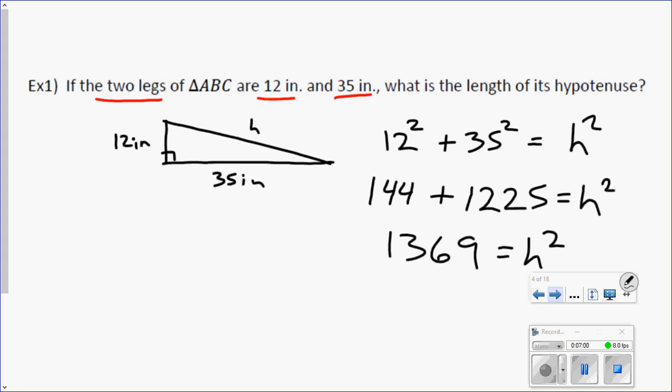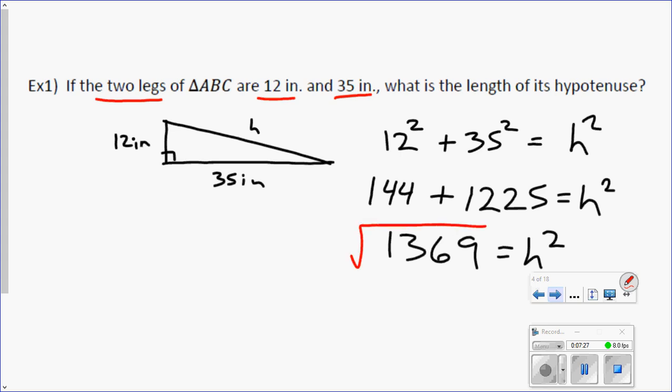I have to find the square root. Now, in all the other classes, somebody always said divide by 2. And it's a common mistake. Make sure that you take the square root. Dividing by 2 is not the same thing. So in your calculator, you have to do second x squared, I believe, to get to the square root.